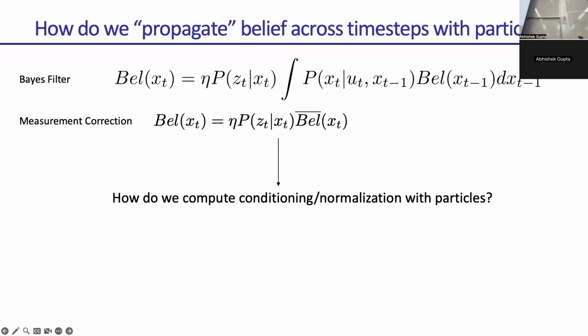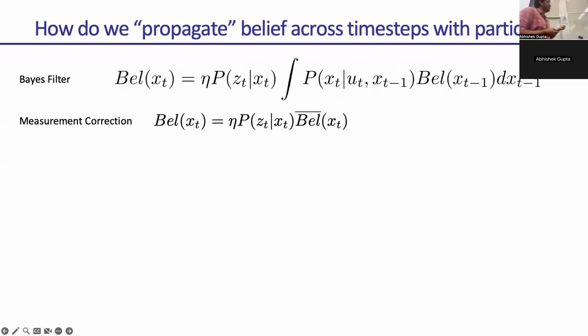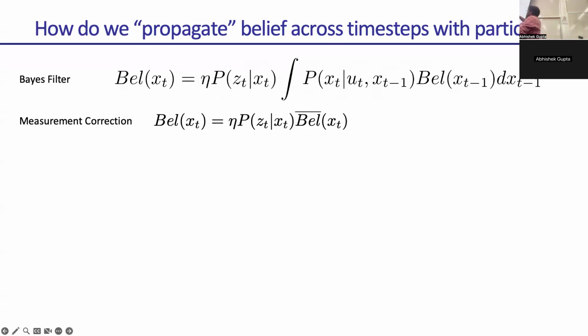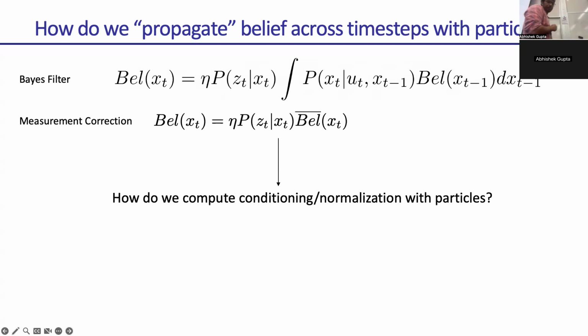You don't have a closed form probability distribution. In the motion step, I don't need a closed form; I just need to be able to sample. But in the measurement step, I am trying to multiply this value by this value, and unless I know the value, what do I multiply with? That's what makes the particle filter measurement step hard. And so our job is to figure out how to still do this without requiring an actual value for the likelihood.